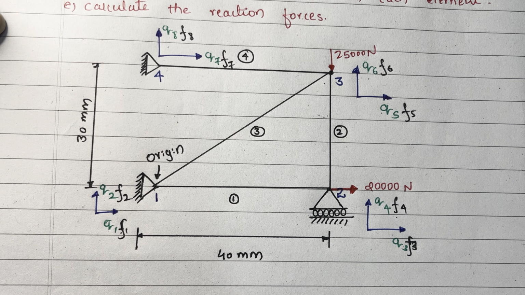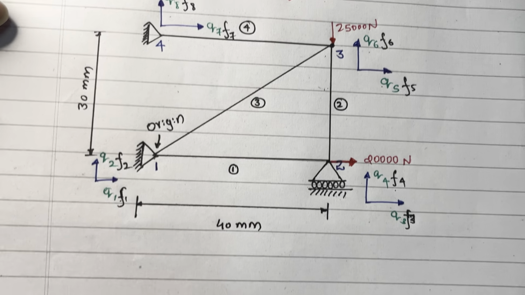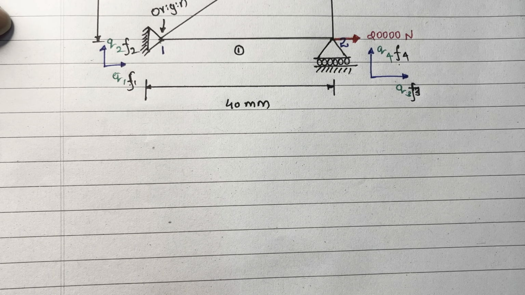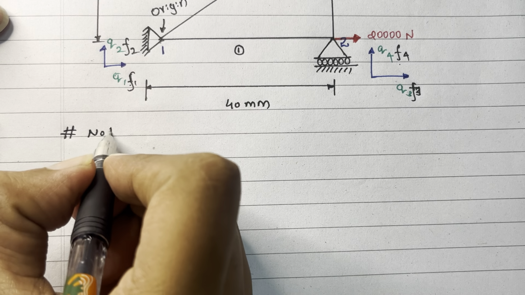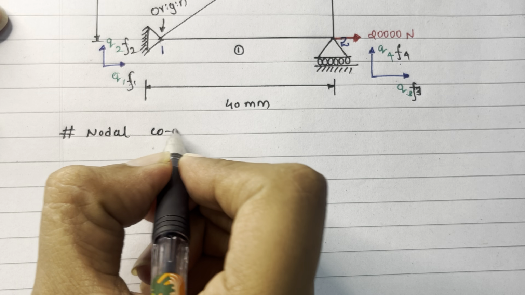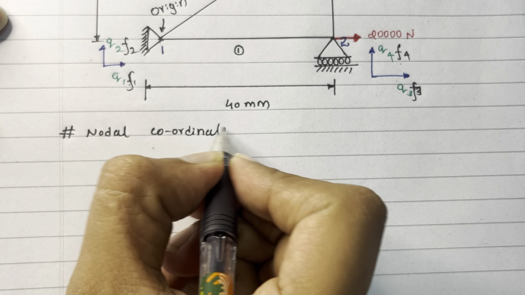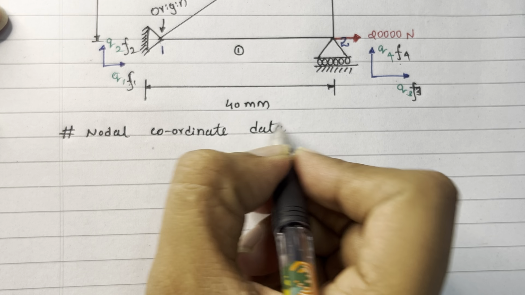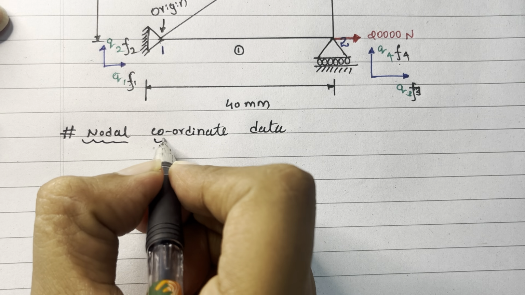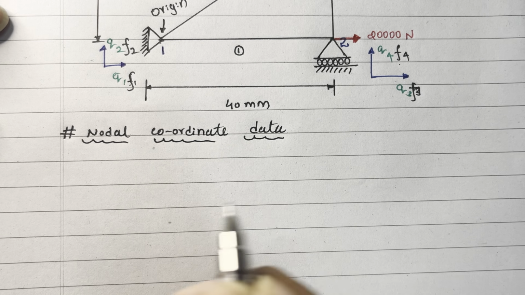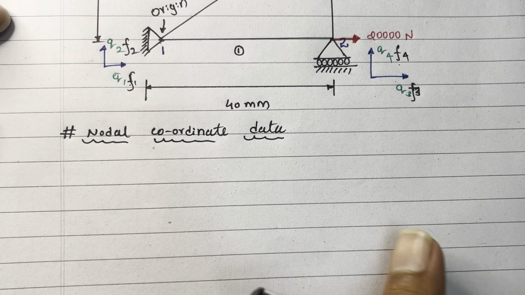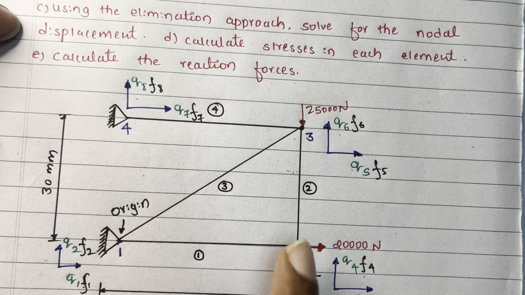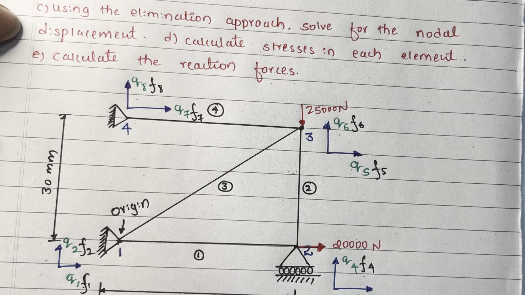First we have to calculate nodal coordinate data. So for that we have to construct one table, that is nodal coordinate data. Okay, so here we have total 4 elements, and here we have to consider node 1, node 2, node 3 and node 4.